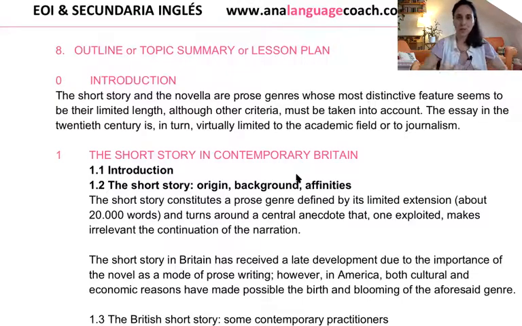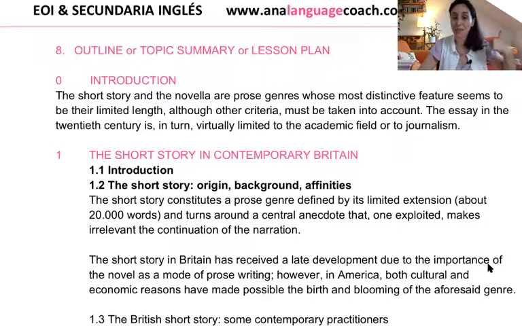Then, first point, the short story in contemporary Britain. Introduction. And then the second point, the short story: origin, background, and affinities. The short story constitutes a prose genre defined by its limited extension, about 20,000 words.